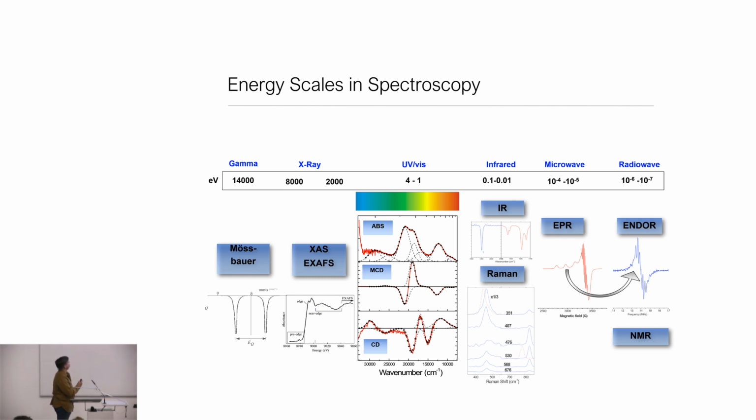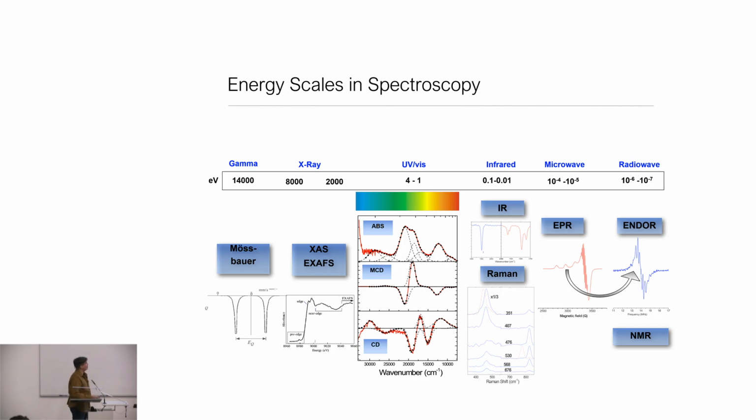So we start here with Mössbauer spectroscopy. These are nuclear transitions, so very high energy, then X-ray absorption involving core level electrons, then the optical region of the spectrum involving visible photons of a couple of electron volts, 1 to 4 electron volts. Then we go into infrared, that is a fraction of an electron volt, finally to microwaves and radio waves.